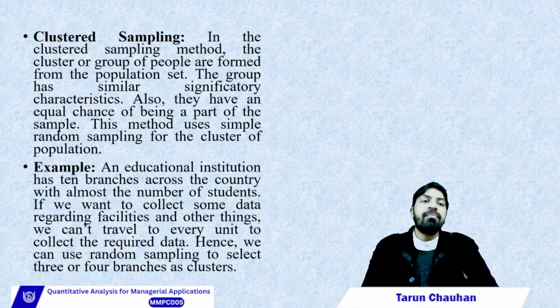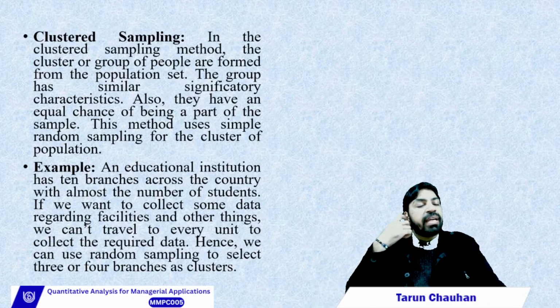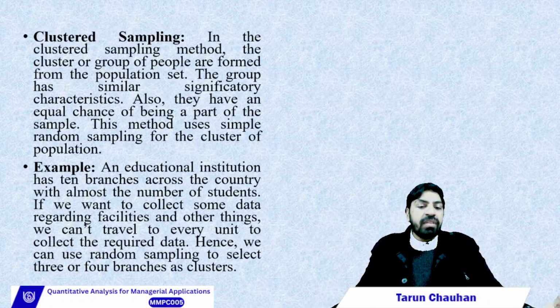Let's take an example using this concept. An educational institution has 10 branches across the country. If a researcher wants to collect data regarding the facilities and other things, the researcher cannot travel to different branches in different locations, or different states of the country.